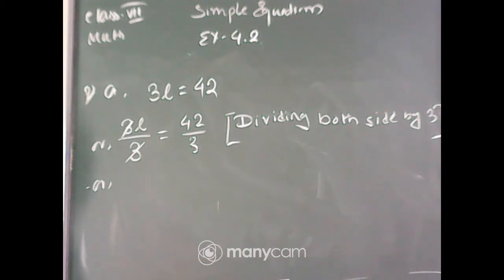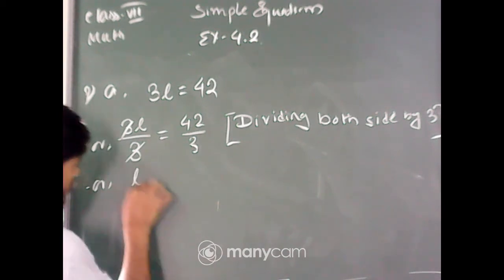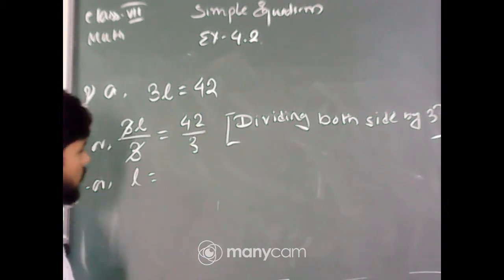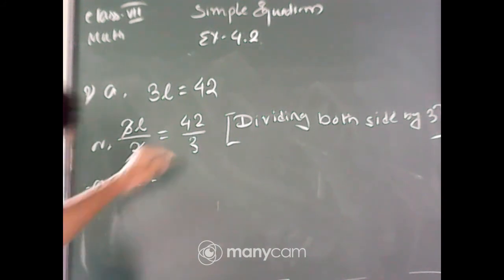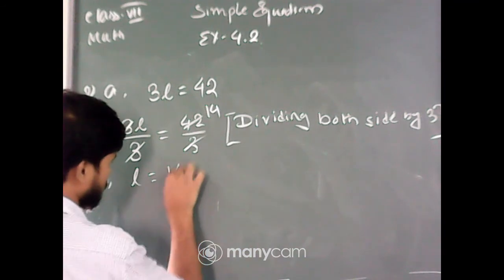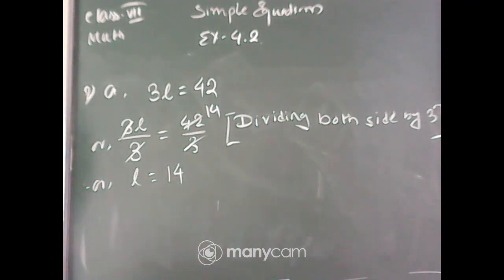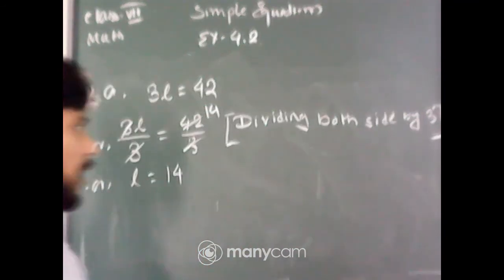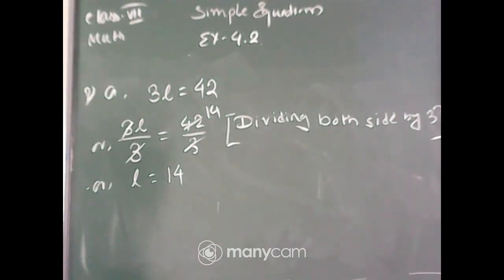That means L equal to 42 by 3. So if I just cut it, we know 3 14s are 42. So L equal to 14 is the answer of this equation. Got it? I hope you understand.